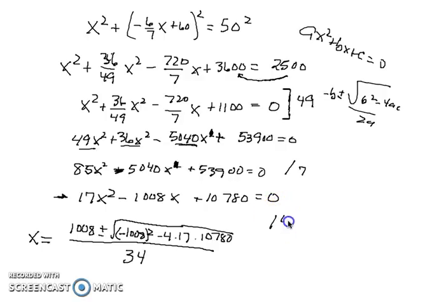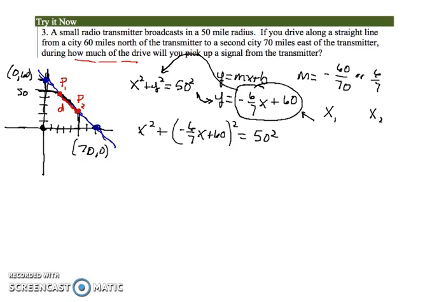One number is 14, and the second number is 45.29. So those are our 2 x values. Now what we need to do is go back to the previous page. So this value is 14, and this one's 45.29.